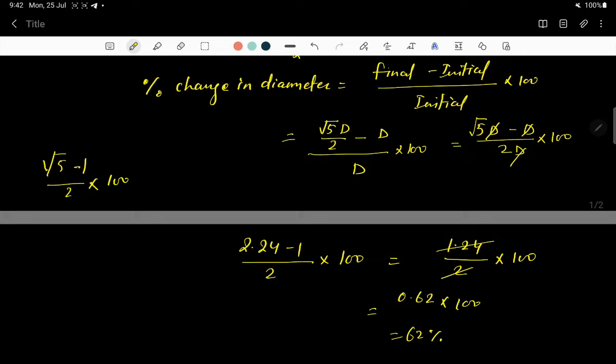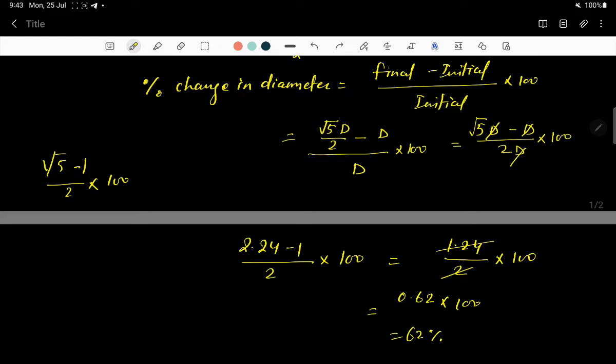So guys, there is a problem here. We did it wrong from here. Here we put minus 1, and if we calculate it, it will become root 5 d minus 2d, because we need to take the LCM here.